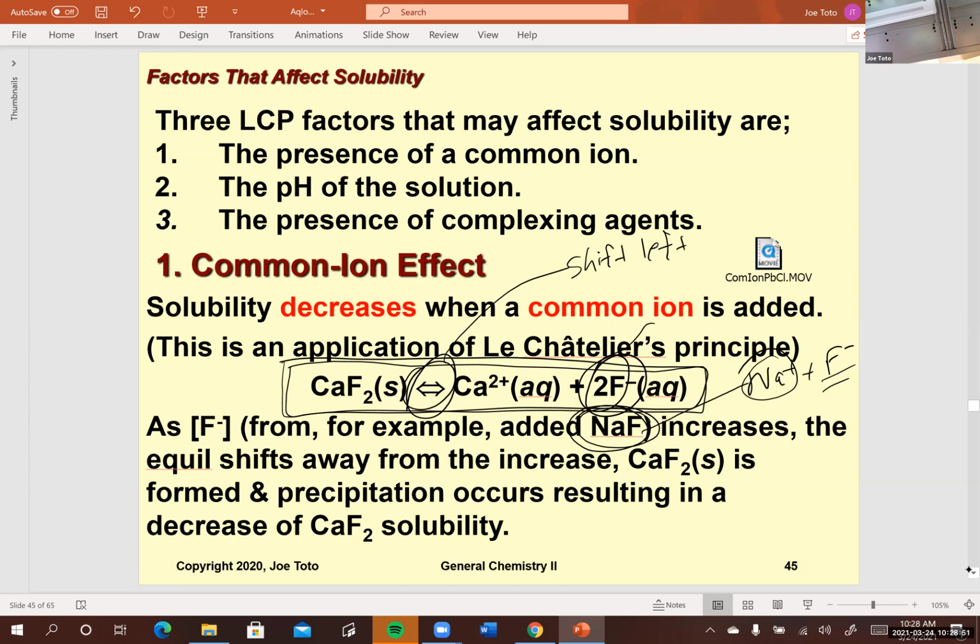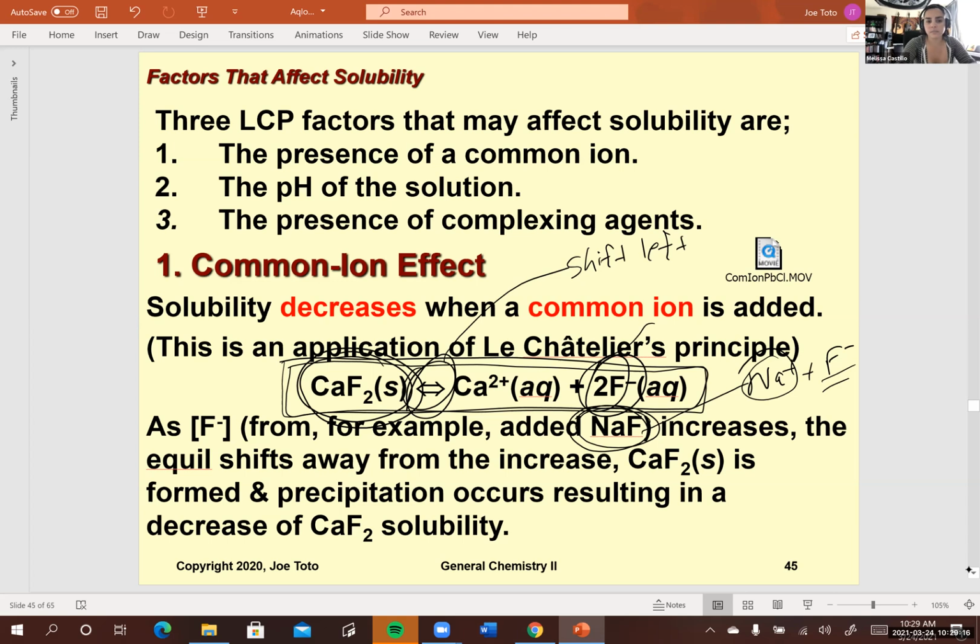So what do you think happens to the solubility of calcium fluoride in the presence of a common ion? Do you think it's more soluble or less soluble? Solubility decreases.